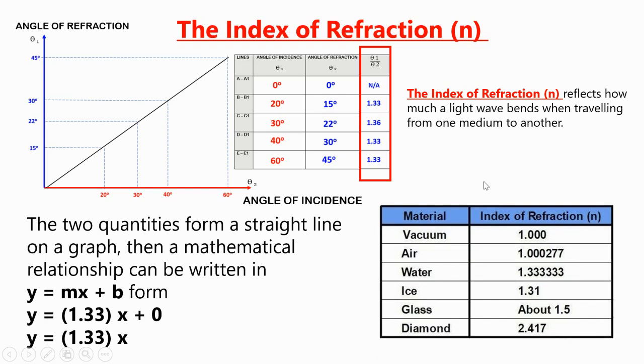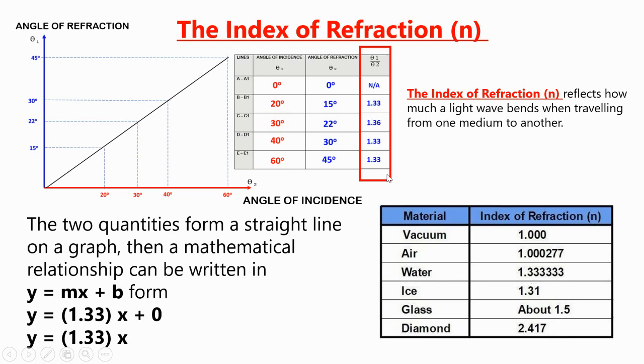So here we have a table with very common materials and their index of refraction. For example, vacuum: there is no bend of the light. The light goes straight in a vacuum. Air is about the same as the vacuum. Water is 1.33.